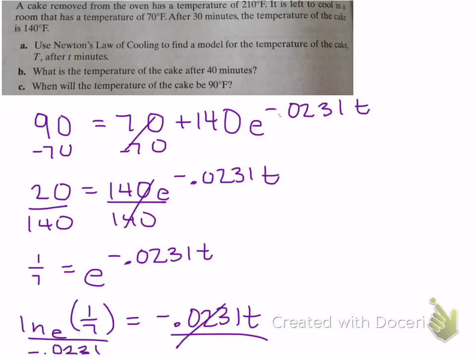You should notice that the process for these problems is becoming very repetitive. So when I type this in the calculator, I get t equals 84. So this means it takes about 84 minutes to cool down, which would be roughly 1 hour and 24 minutes. So almost an hour and a half for it to cool down to 90 degrees.